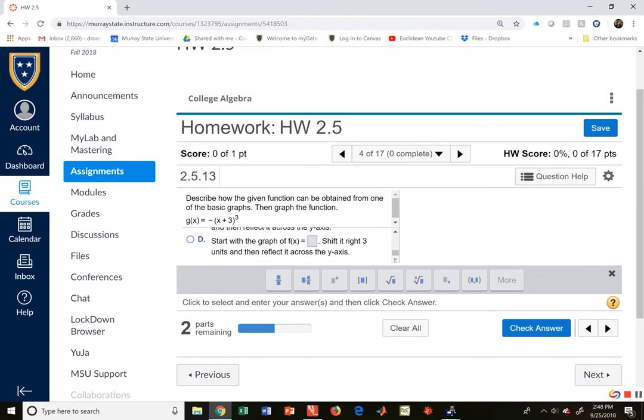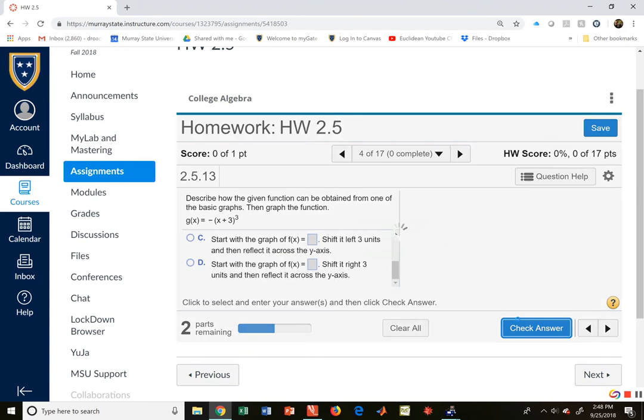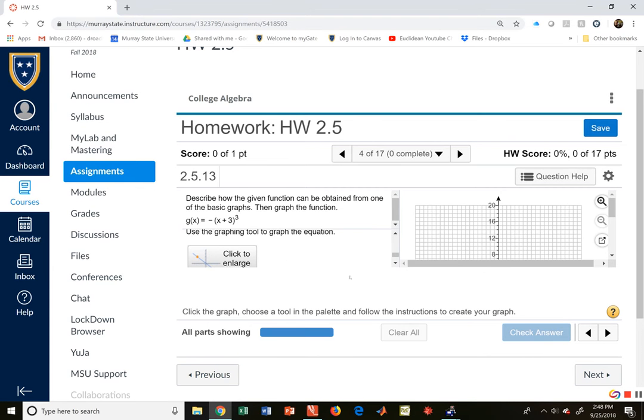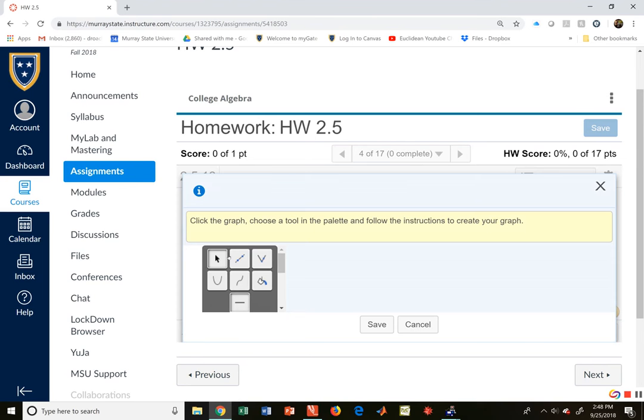Correct. Okay. And then I'm going to check the answer. Good job. Now it's going to say, what about now graph the solution. Now, it's a little tricky. You've got to pick the shape of the function. So we're definitely doing a cubic shape.